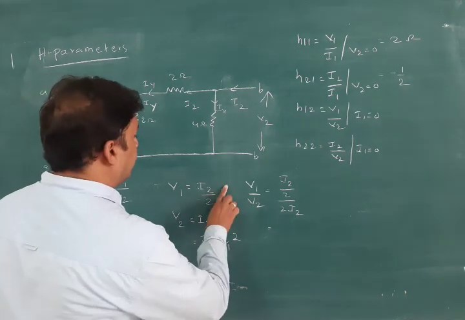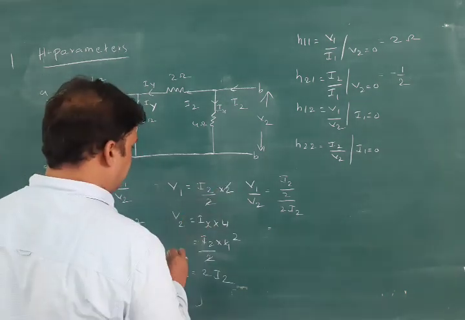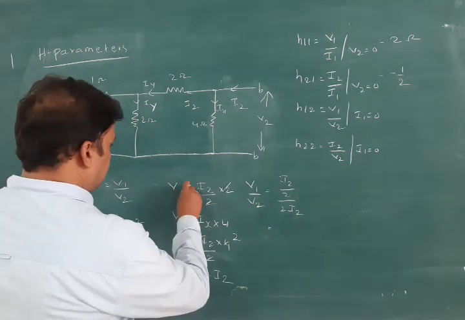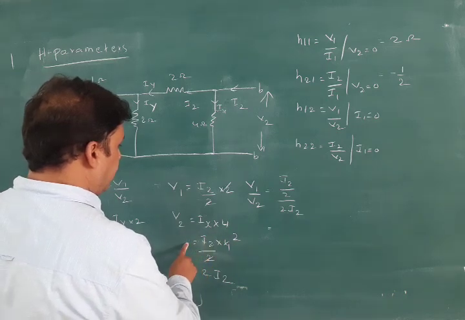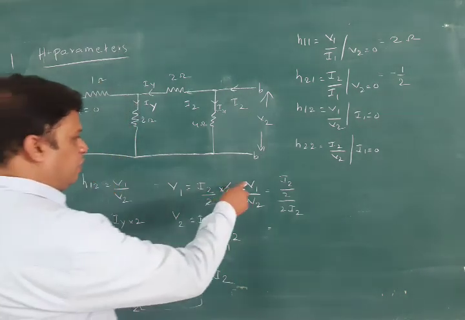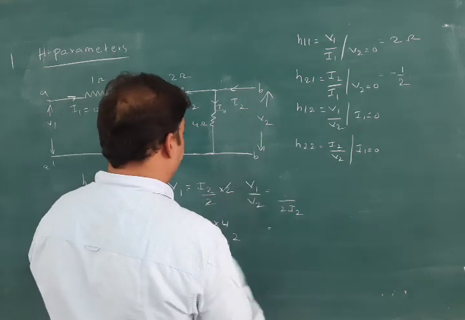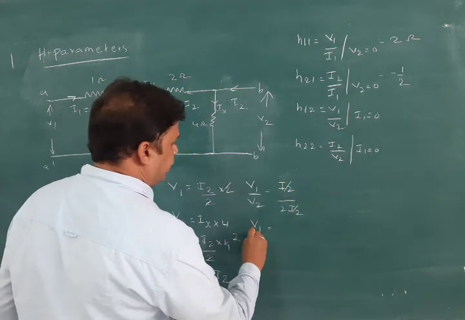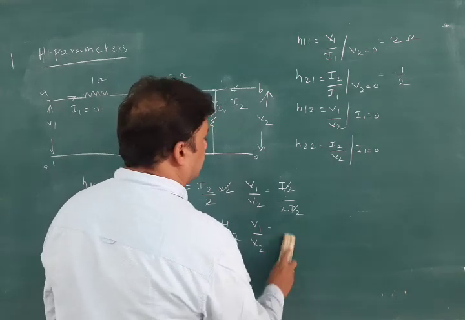It gets cancelled, so V1 is equal to I2. Now V2 is equal to Ix into 4, or I2 by 2 into 4, so V2 is equal to 2I2. Now V1 by V2: V1 is not I2 by 2, it is only I2. So V1 by V2 is equal to 1 by 2.